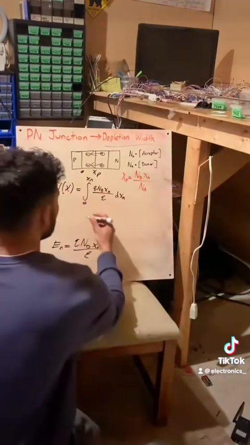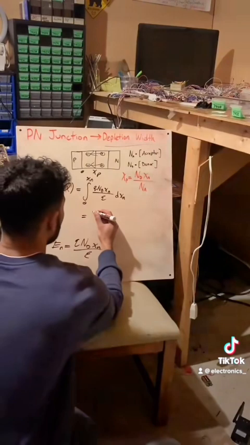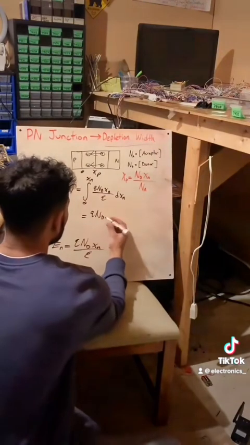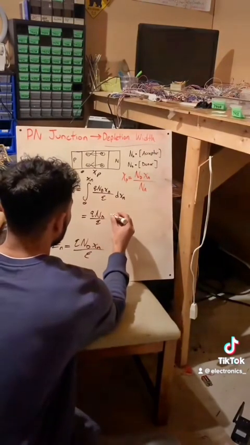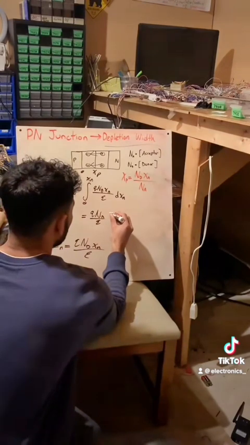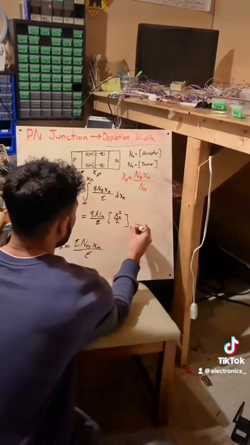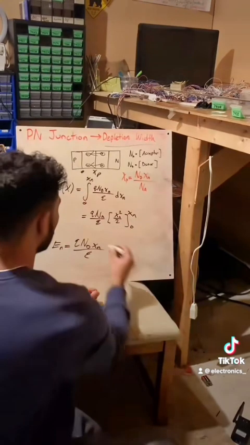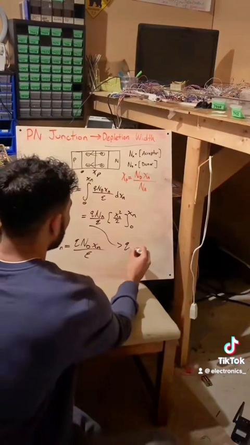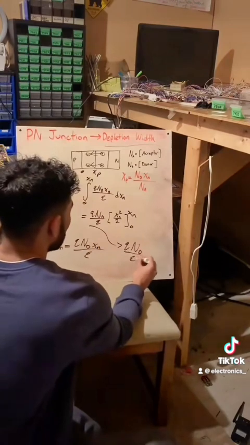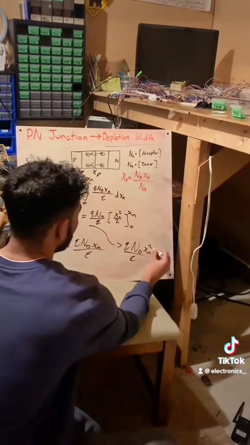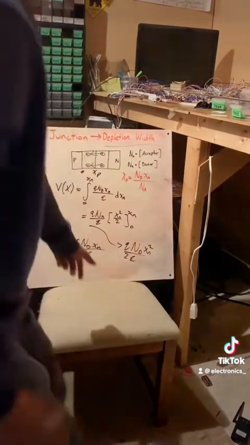So we can write our voltage as qNd on epsilon, evaluated with xn squared over 2 from 0 to xn. All we end up with is qNd on epsilon times xn squared, and we have a factor of 1/2 right there.